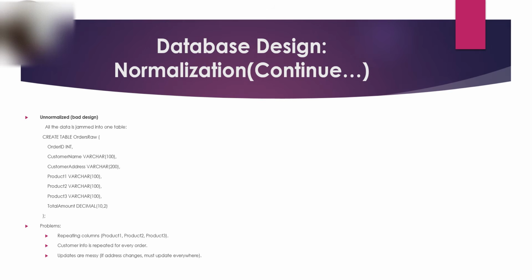Let's take the example of the orders_raw table. Let's see the structure of this table. It has the order ID, customer name, customer address, product 1, product 2, product 3, and the total amount.